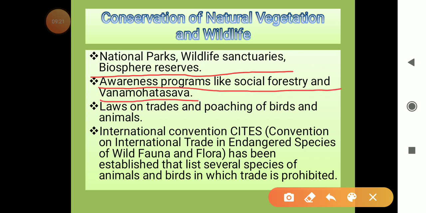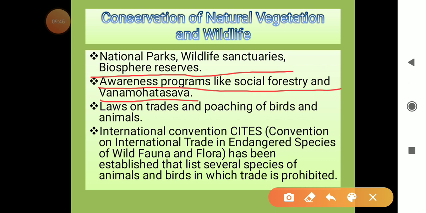Like social forestry and Van Mahotsava should be encouraged at the regional and community level. School children should be encouraged to birdwatch and visit nature camps so that they appreciate the habitat of varied species.